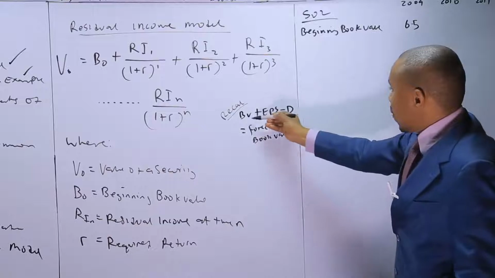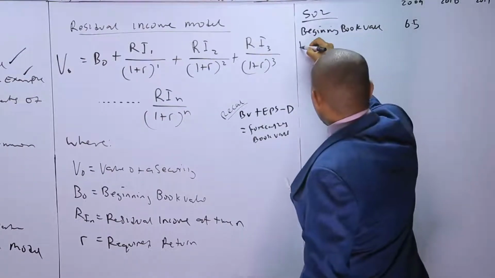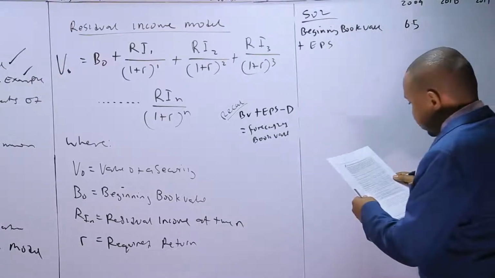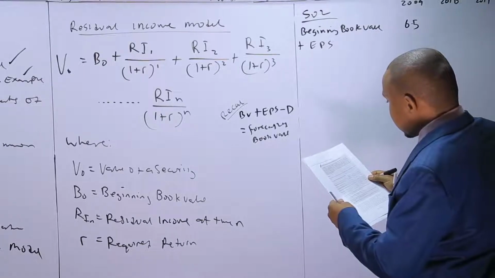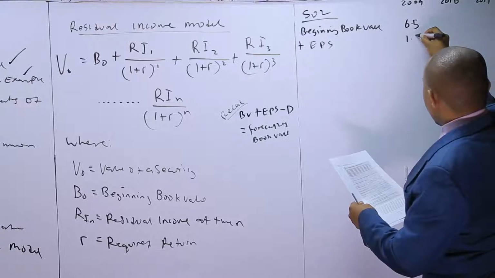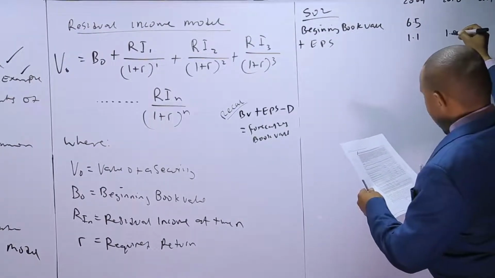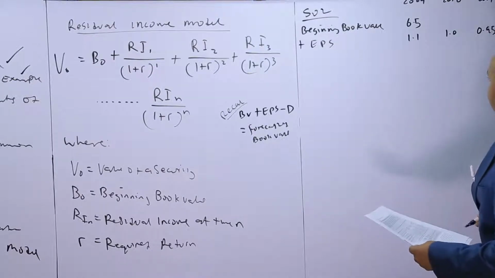So we get the beginning book value, we add the earnings per share, the earnings component. We have been told that the earnings forecast for 2009, 2010, and 2011 are 1.1, 1.0, and 0.95.